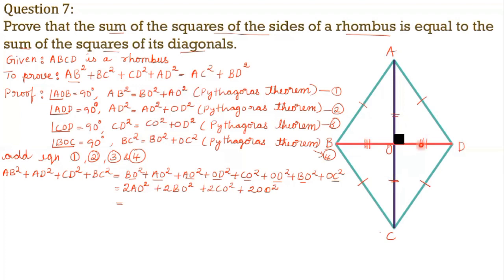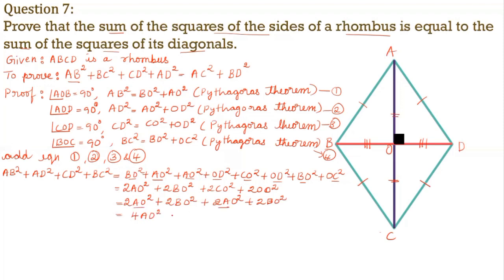So instead of AO you can write CO or in place of CO you can write AO. Now I will keep AO and BO as it is, 2AO square plus 2BO square, and instead of CO I can write AO, so 2AO square, and instead of OD I can write BO, so 2BO square.